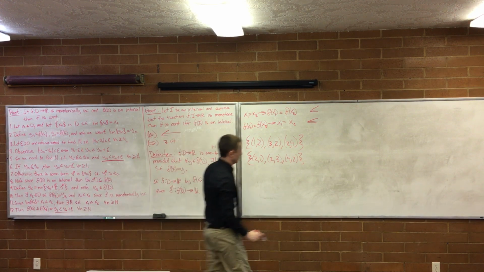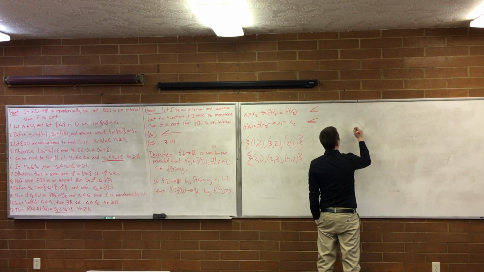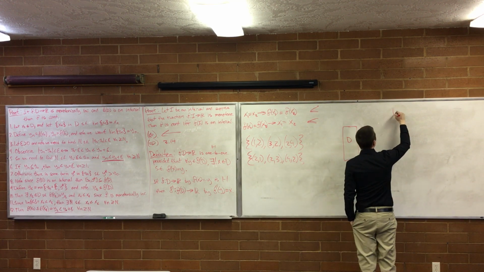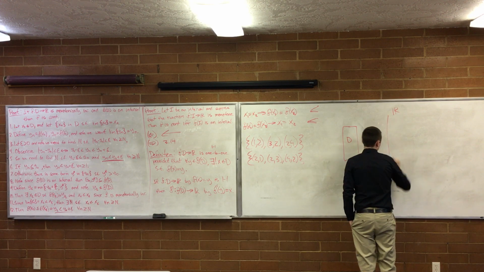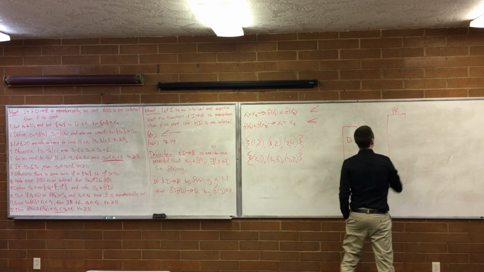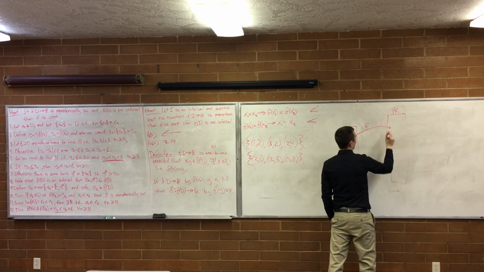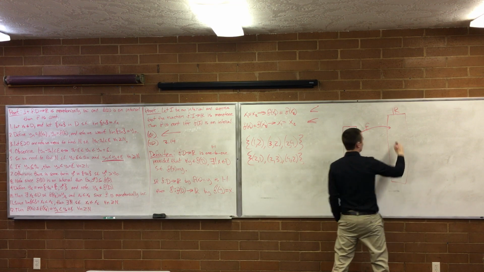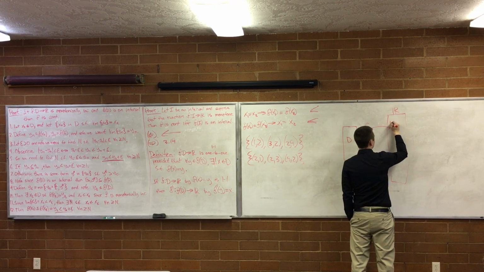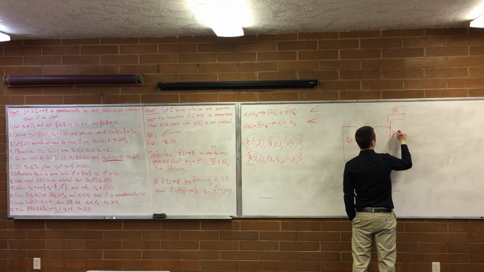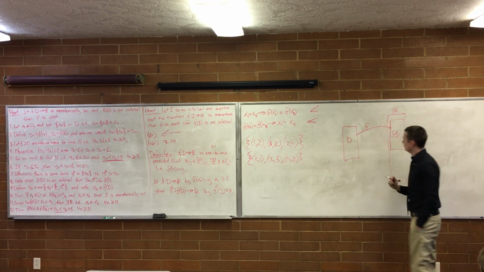Maybe draw a picture real quick. So here's D, the domain, right? Here's R, which is massive. And F is a function that maps from D, and it maps not into all of R, but it only uses some of R probably, right? So here we have F of D. You with me so far?